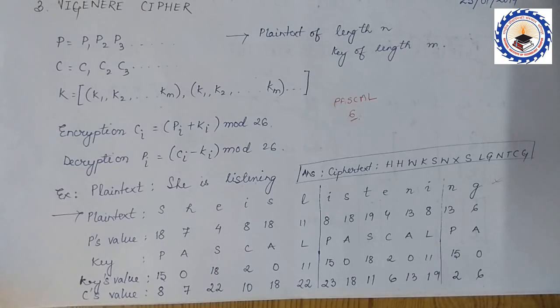Here the key is Pascal, so it has 6 letters. When you divide the plain text, each group will have 6 letters, and the last group can be less than the number of letters in the keyword, but should not be greater. If it is greater, it is not the last block, and you have to divide it again into the particular length.